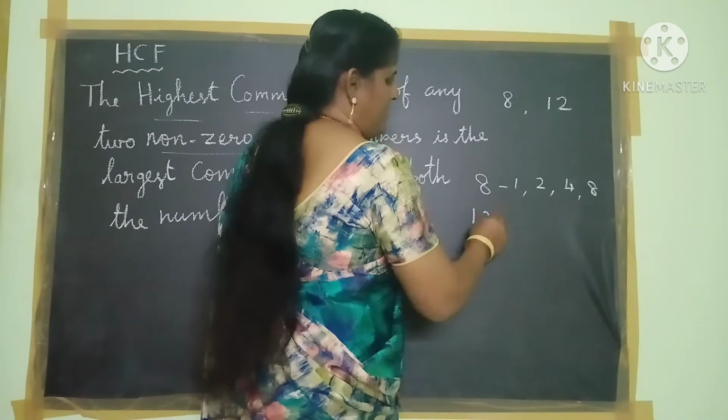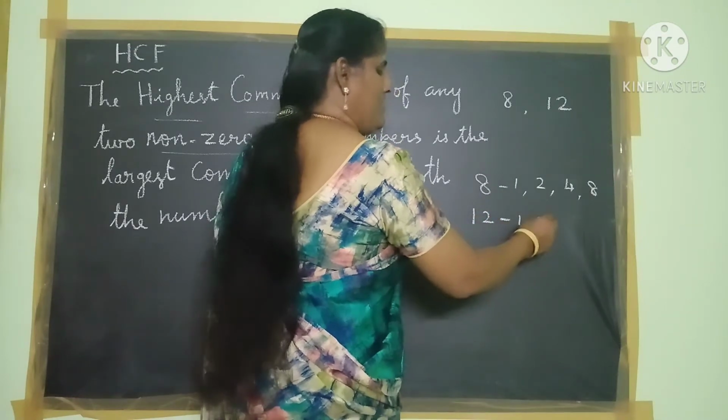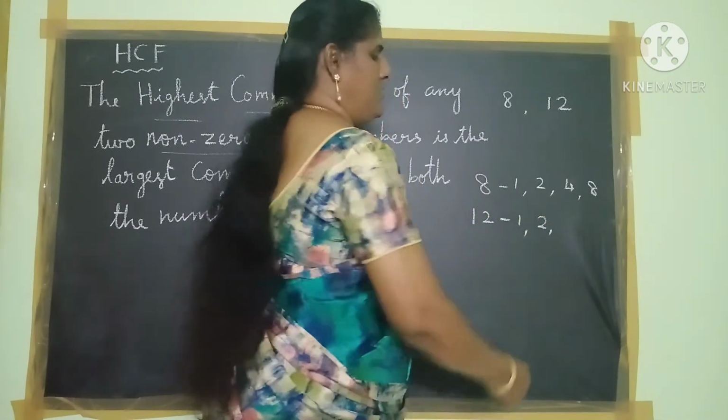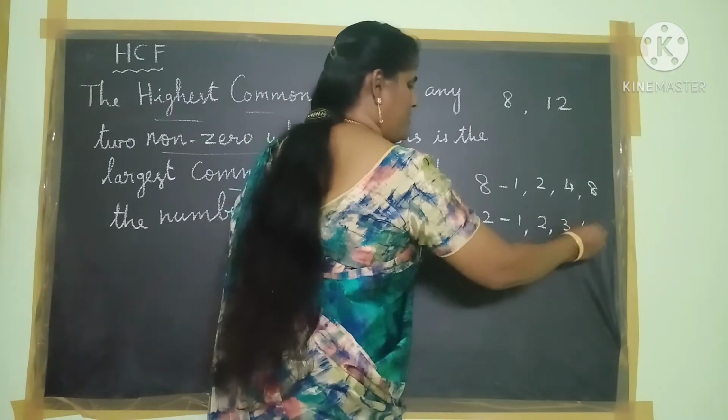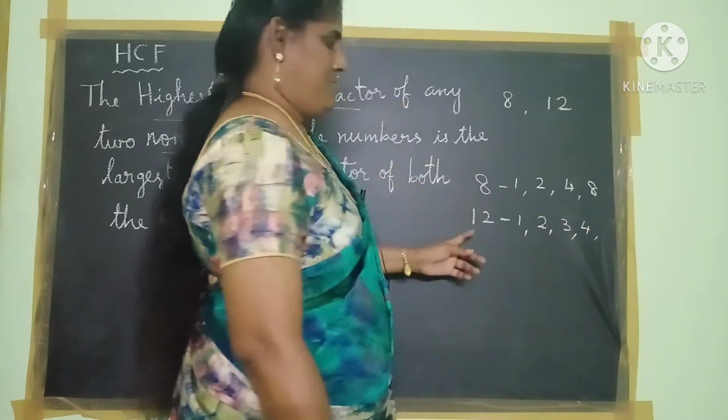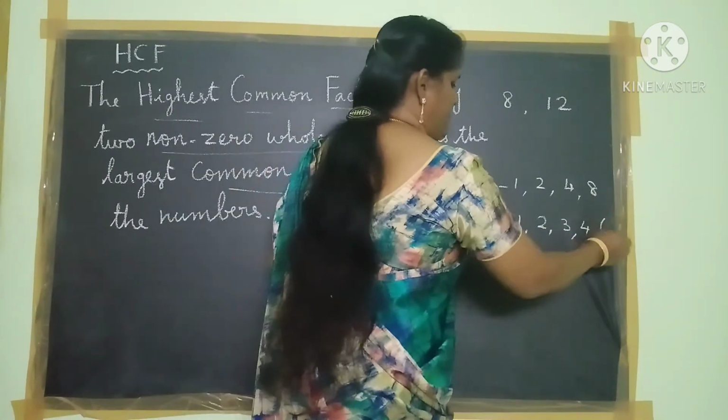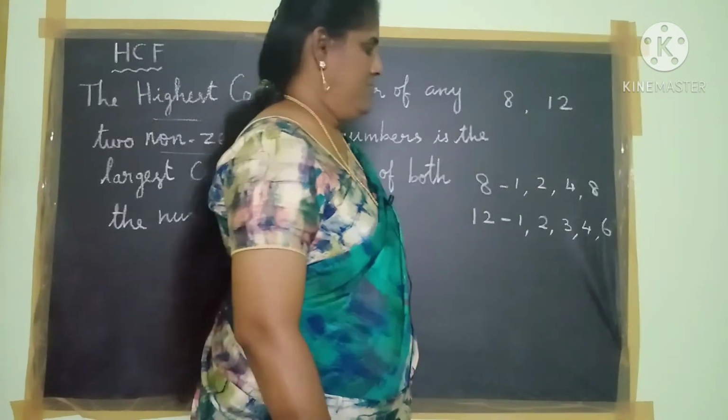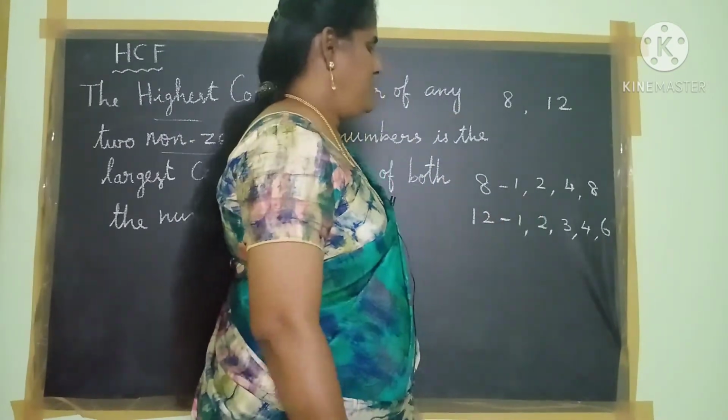And 12 also can be divided by the 1 table, 2 table, 3 table, 4 table and 6 table. Yes, okay children.